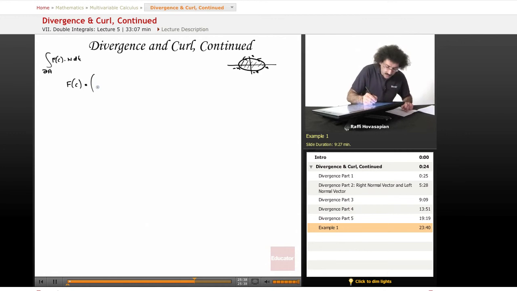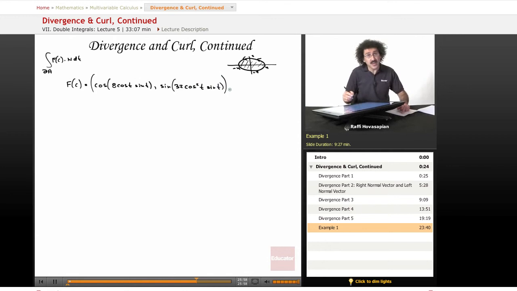It's going to equal cosine of 8 cosine t sine t, and sine of 32 cosine squared t sine t. I hope you will confirm this; if I make a mistake, put it into your math software and you'll get the particular answer.